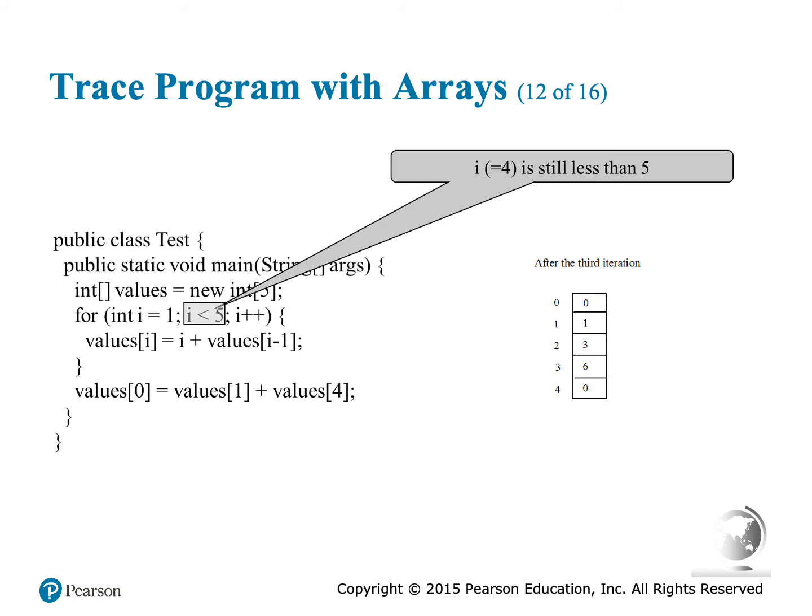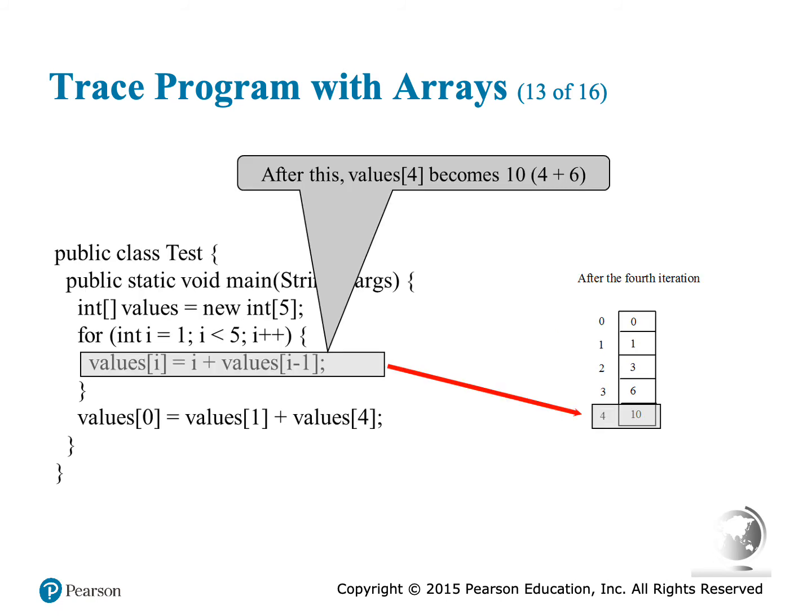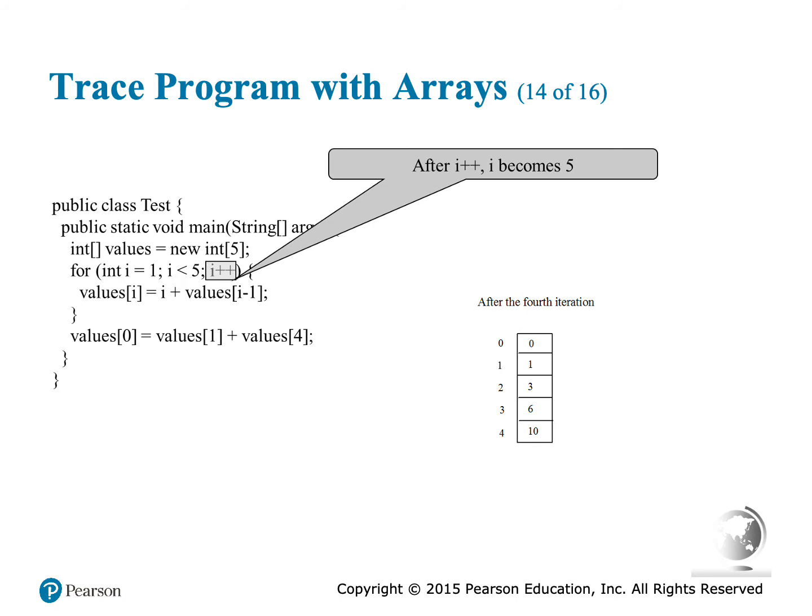The loop continuation condition is true, and values sub 4 gets assigned the value 10. i is incremented to 5.